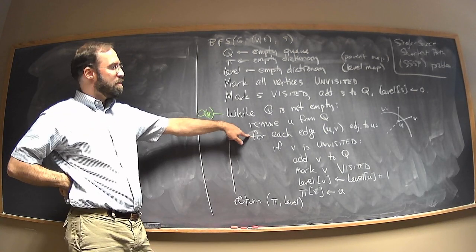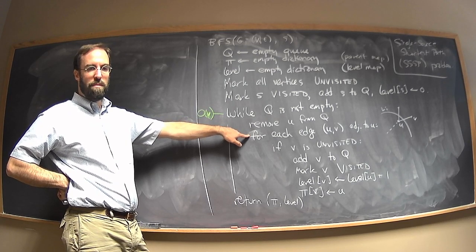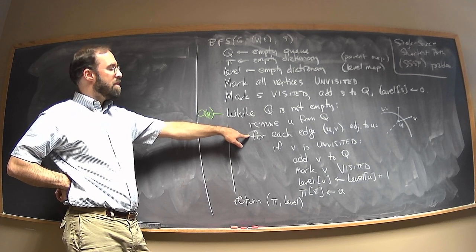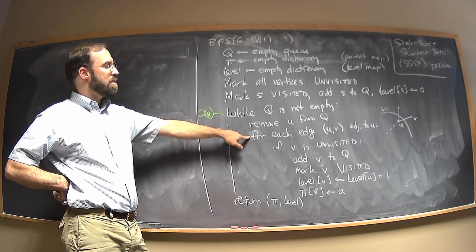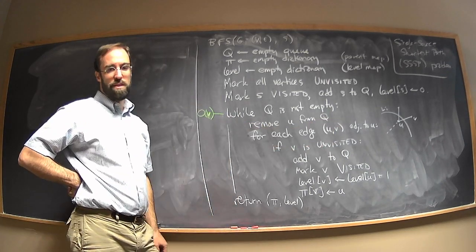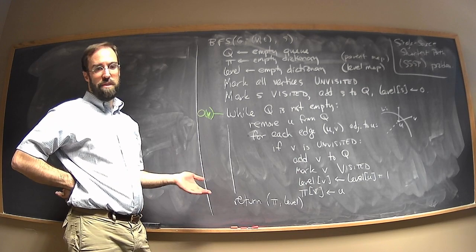What about this loop though? How many times does this loop execute? The number of edges. Well, for a particular time this loop happens, it's only the number of edges connected to a particular vertex, and that could be very different for different vertices.